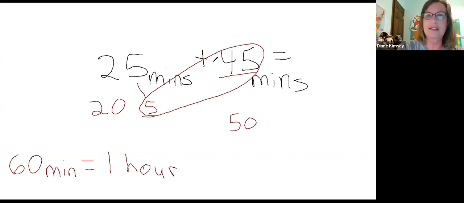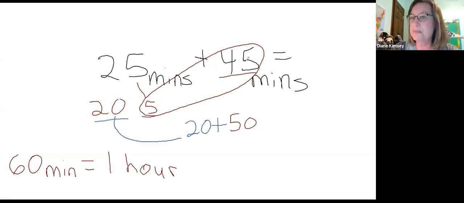Now I got the 50. I'm going to drag this 20 down. And so my math problem is 20 plus 50. My goal is to get it to 60, right? I can split 20 easily. I know that that 50 now is just 10 away.